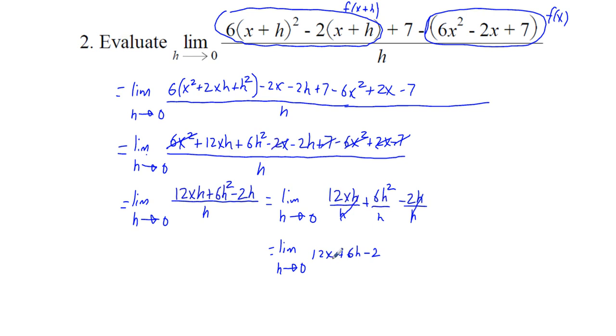And when we substitute in 0 for h, we're going to end up with simply 12x minus 2. So 12x minus 2 is going to be our answer here.